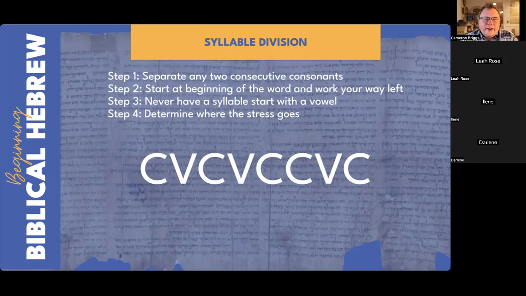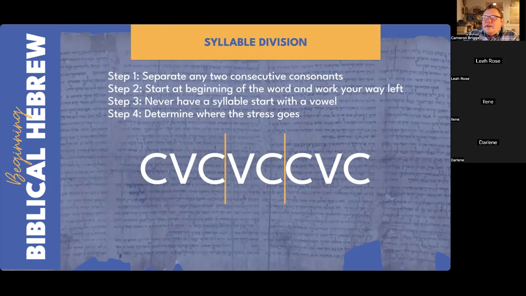So if we follow our kind of 4-step process, how many syllables are there in this word? Step 1, we separate any 2 consecutive consonants. So we're going to put a little yellow line there. And then we're going to start at the beginning. I said there's 3. So we start at the beginning of the word and work our way left.